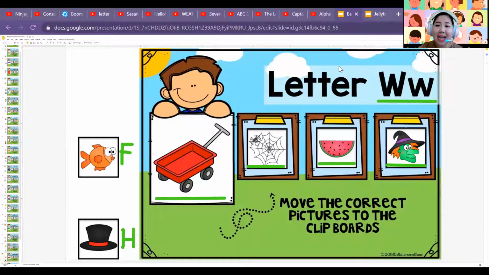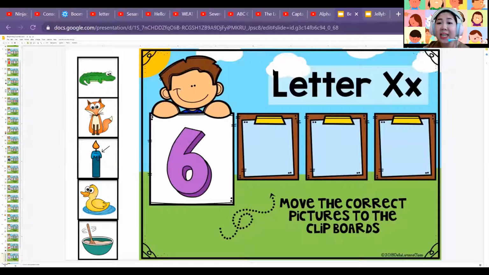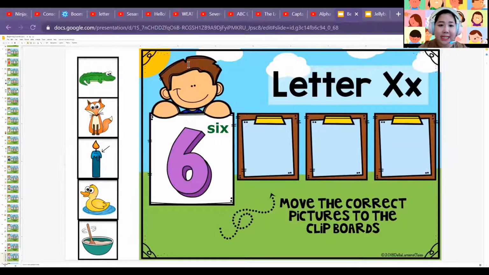And lastly, our letter friend for the week is the letter X. So for this picture, it has the x sound in the end, just like in six. We have the word six, and it has the letter X in the end.